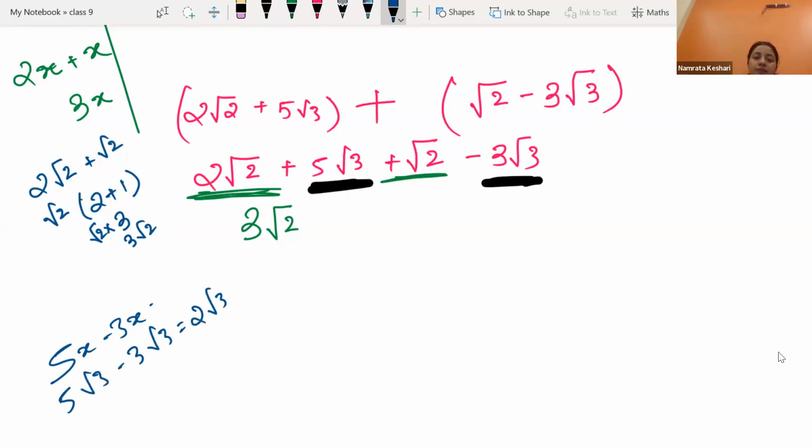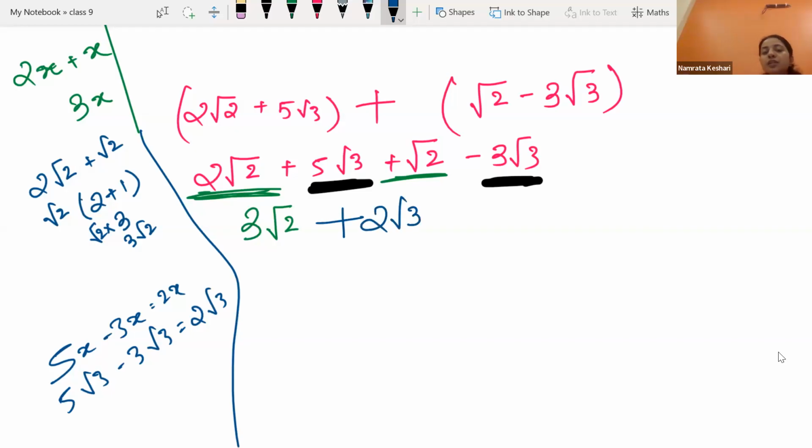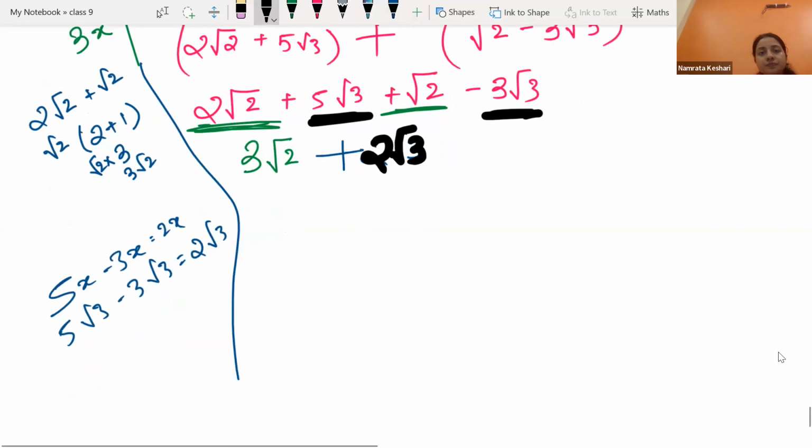Getting it? Yes, ma'am. So we'll be getting 3 root 2 plus 2 root 3. From where did this 2 root 3 come? From this black colored part. Any doubt? No, ma'am. This is how we will be adding, and this is how we will be doing the subtraction as well.